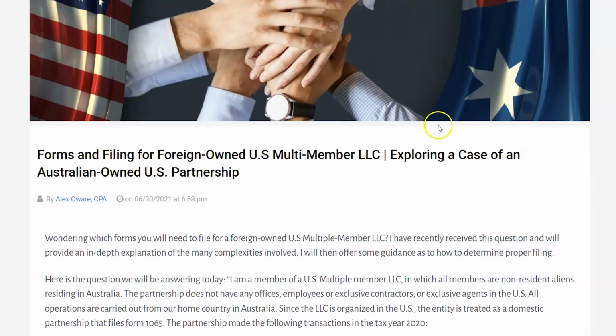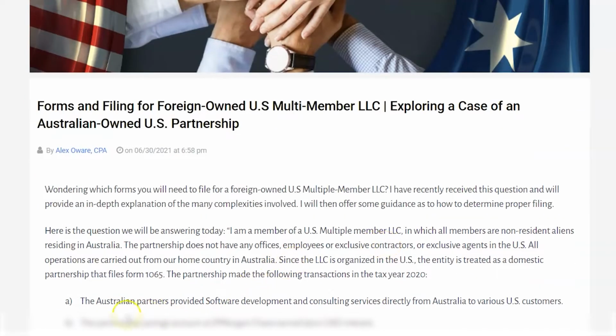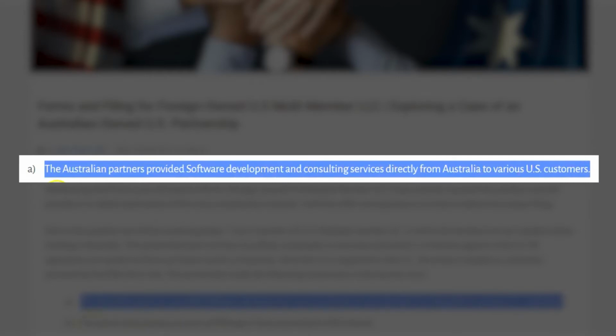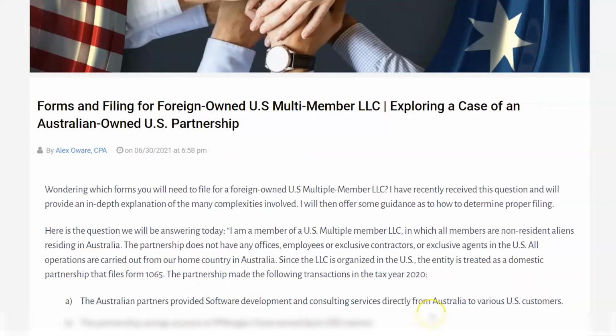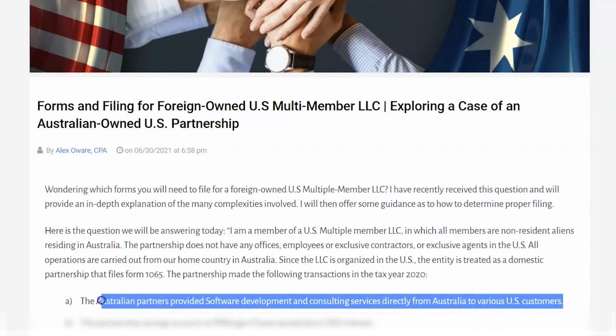And he also said that the partnership made the following transactions. Of all the transactions that the partnership made, we're going to focus on the first one here. And we will deal with the other transactions in subsequent videos. But we're going to assume that this is the only transaction, the only type of activity this partnership is engaging in.